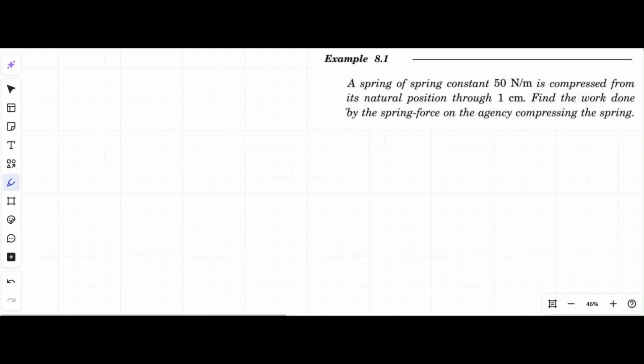So it is given that the spring is of a spring constant 50 Newton per meter, and it is compressed through 1 centimeter. Then the work done by spring force on the agency compressing the spring.